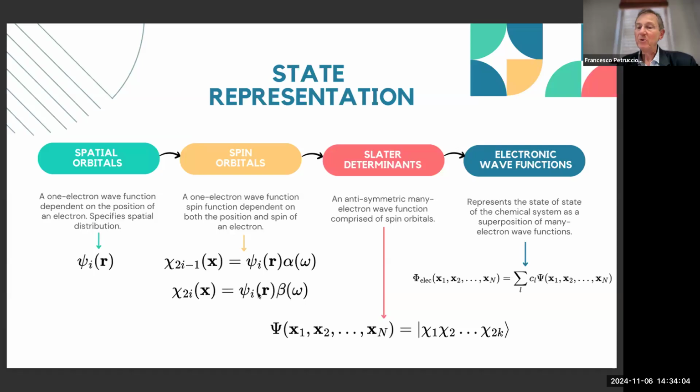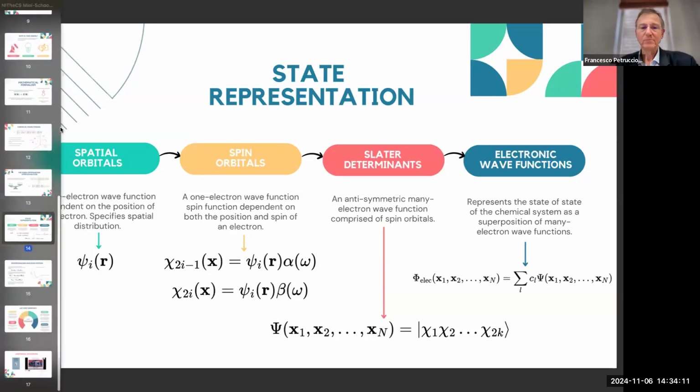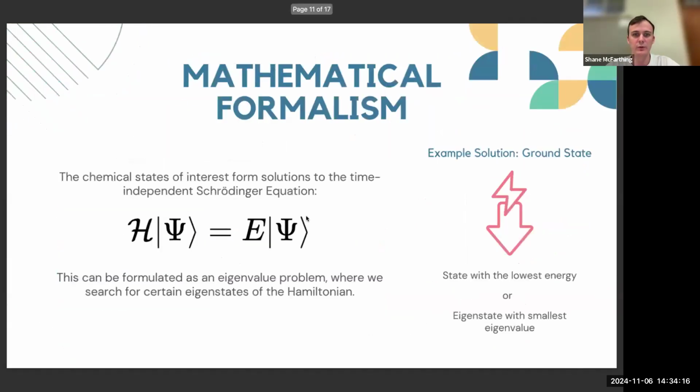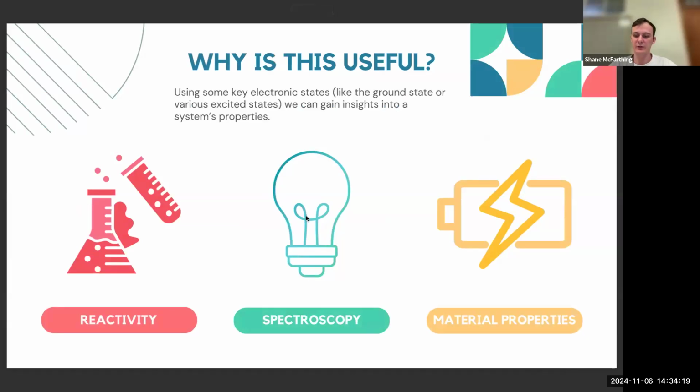Can you maybe elaborate on how this is applied to chemistry? Okay, so if I just go back to here. One specific type of example would be that if you had a chemical system and you wanted to find out the reactivity of that system in a certain state, you'd want to formulate the Hamiltonian for that system in a given nuclear geometry.